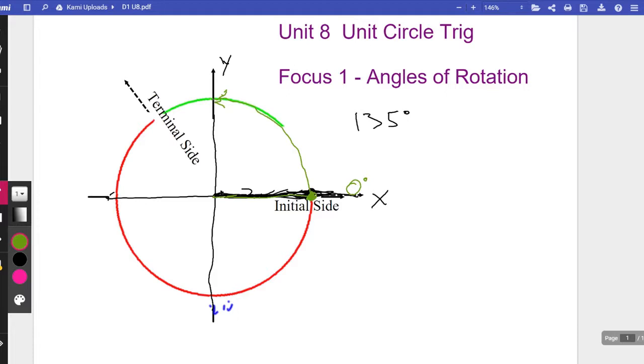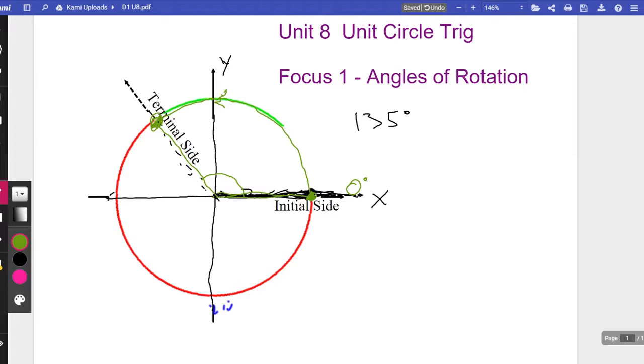That pretty much puts us right in the middle of this quadrant, and so we could draw our terminal side here. Ultimately, this angle measurement created by the initial side and the terminal side is 135 degrees.